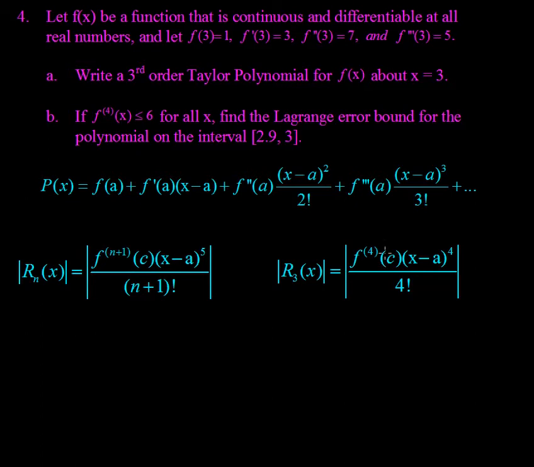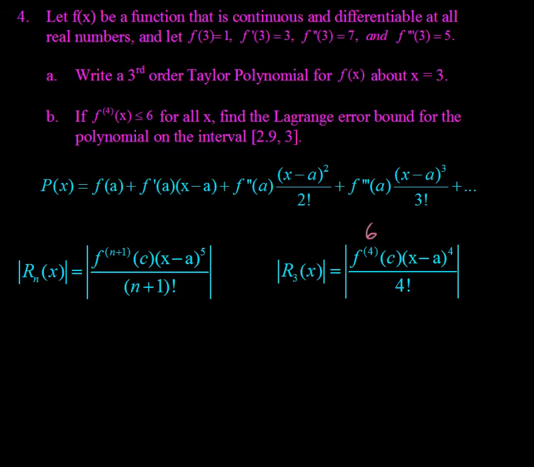And remember, c is the location that gives us the biggest value for f of 4 on any part of the interval. And they're saying f of 4 is less than or equal to 6. So we'll use that as our c right there. Let's actually put that in a different color. So that's f the fourth of c. That's like the M that you've seen in the other version of the formula.